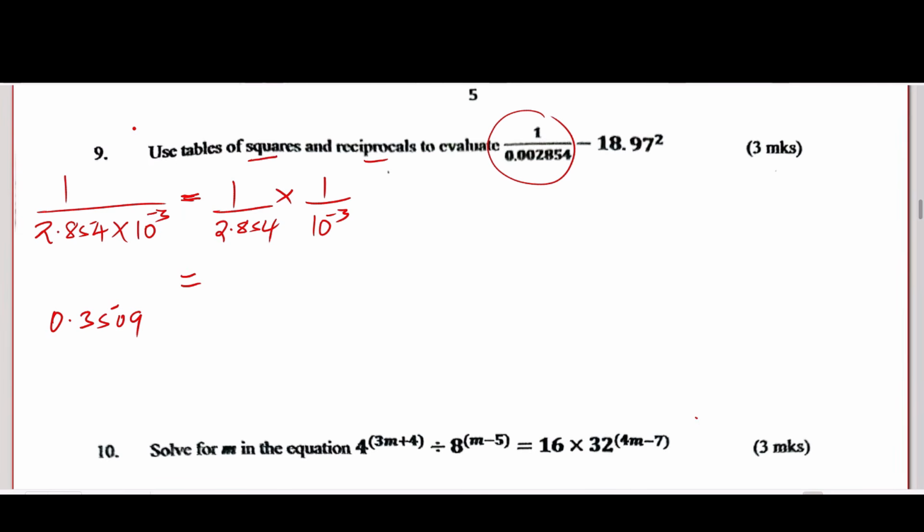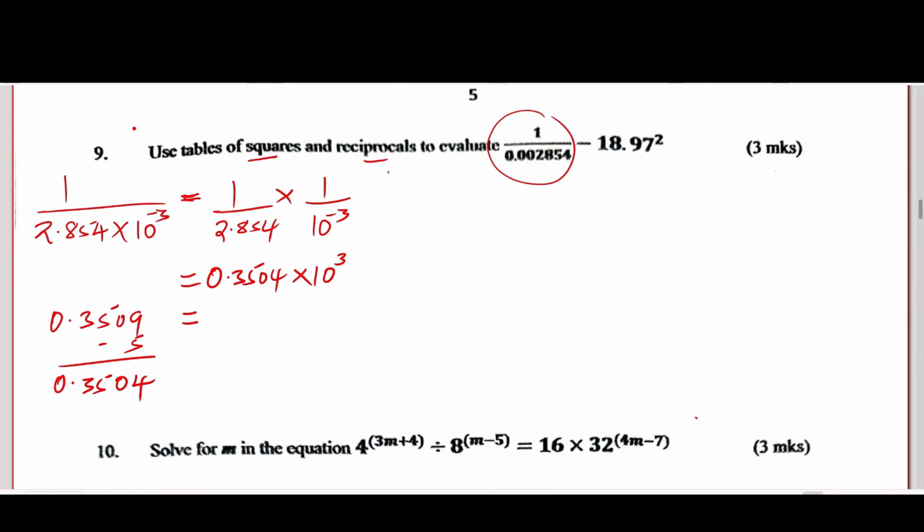So it goes straight, direct where 4 is, and the number you're supposed to subtract there is 5. So you subtract 5, you get 0.3504. So that is the reciprocal of that. Then the reciprocal of 10 raised to power negative 3 is 10 cubed.